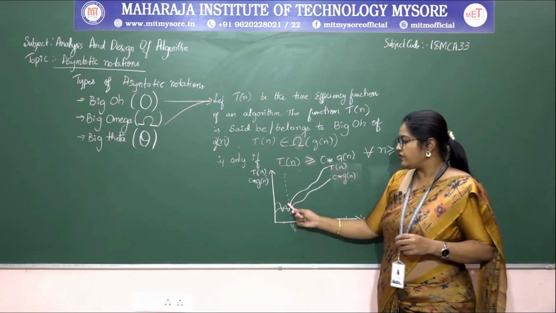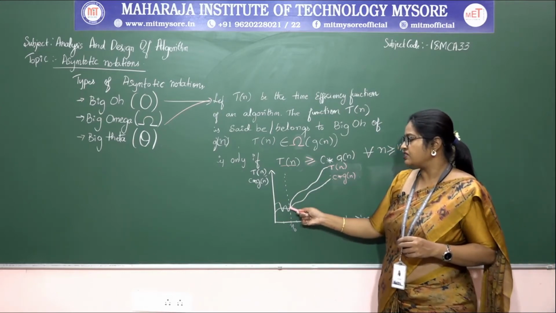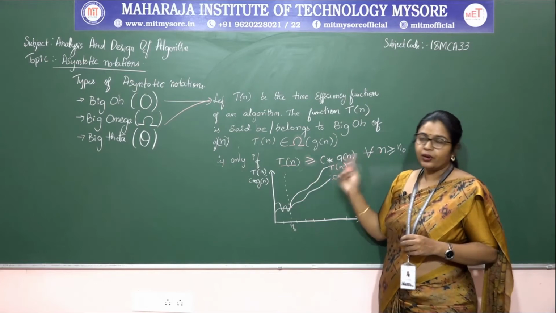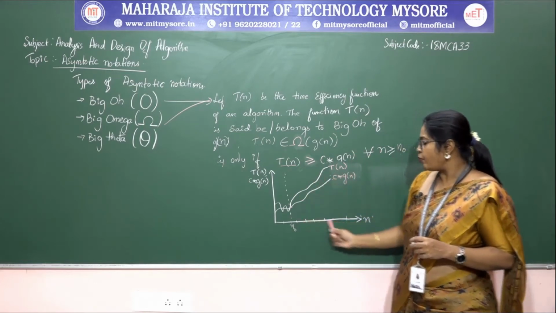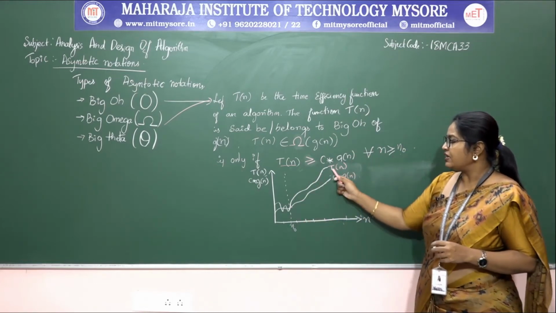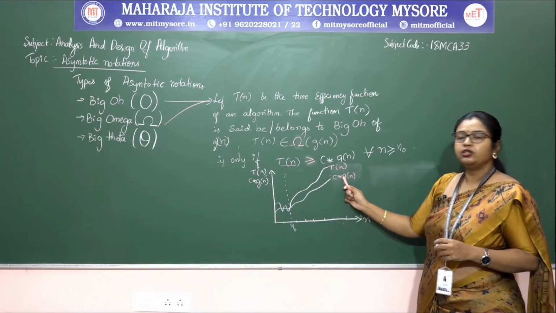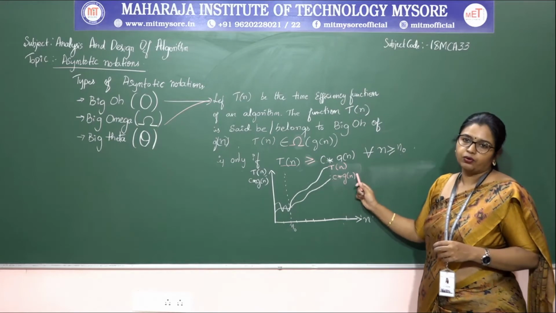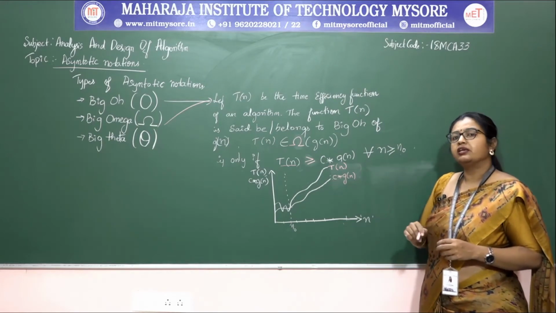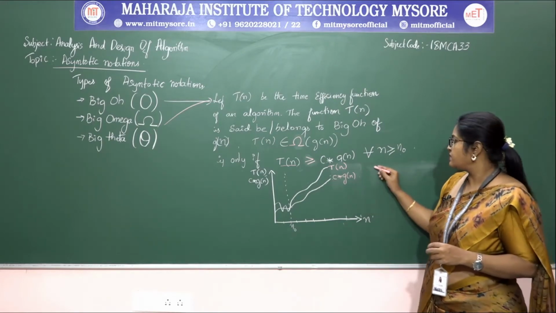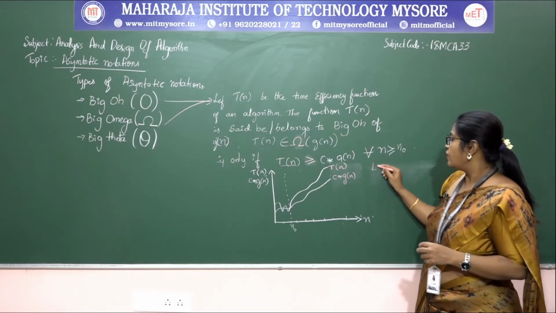So from where we are going to consider those points. Okay. So for any point of time your T of n will be the upper bound and your c into g of n will be the lower bound. So that is how your algorithm efficiency is represented for the lower bound.